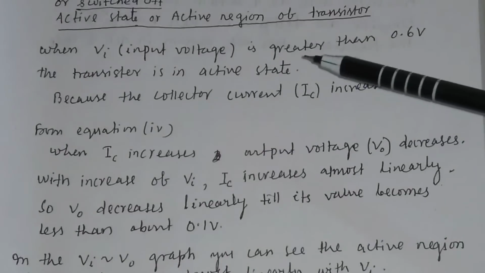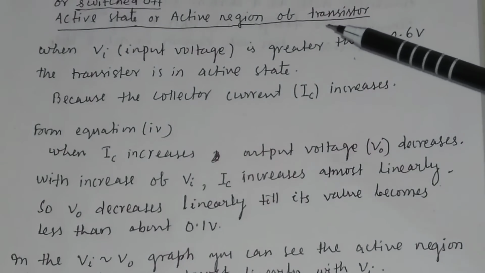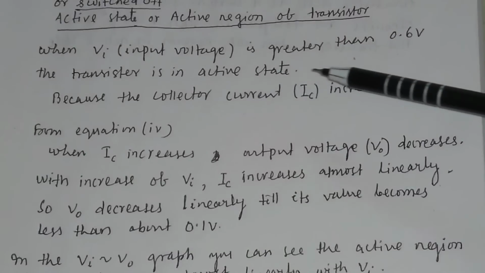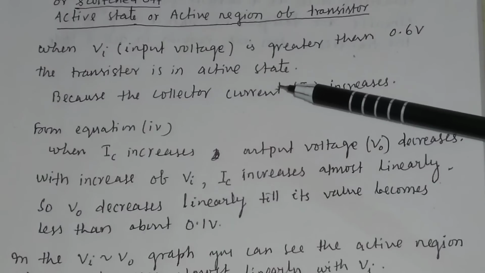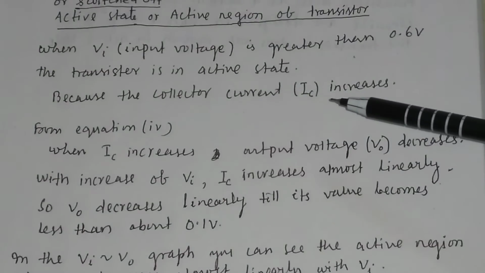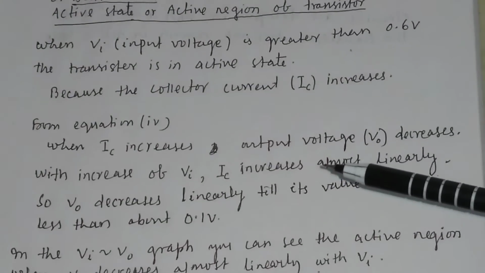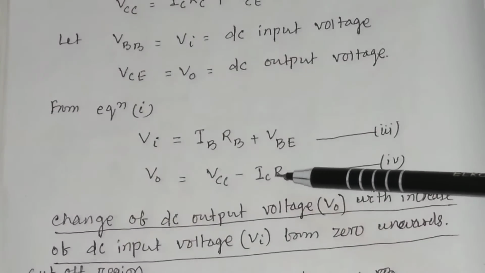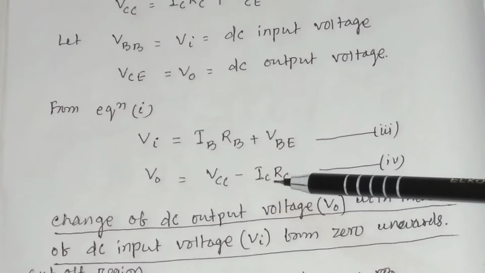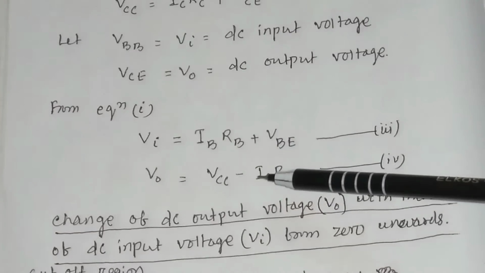Now we will see what is the active state or active region of the transistor. When the input voltage is greater than 0.6 volt, the transistor is in active state because the collector current IC increases. So from equation IV, when collector current increases, this factor IC into RC will increase.